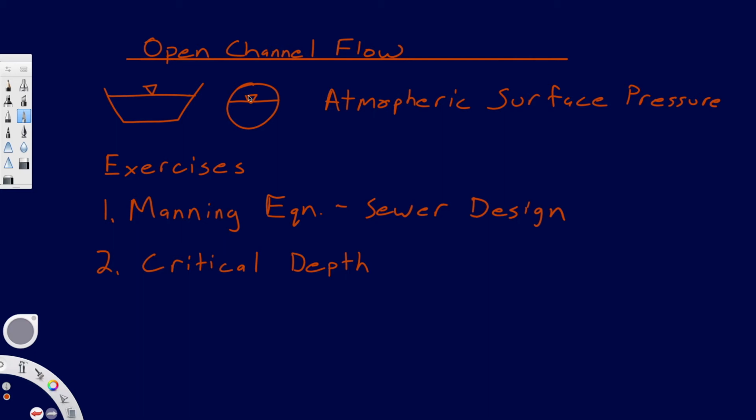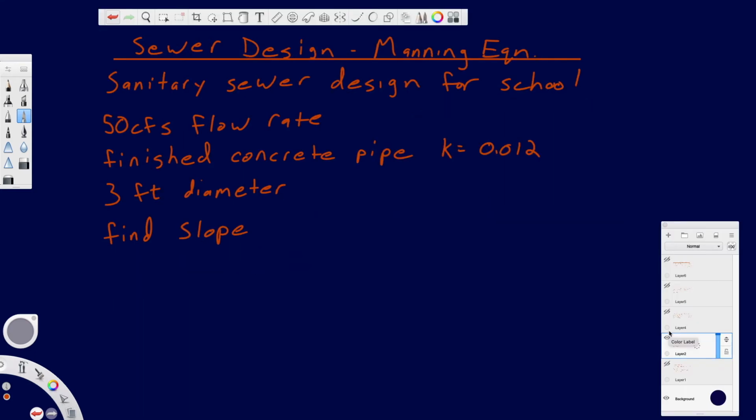Another quick example we're going to work through is finding critical depth for a stream, and a little bit about what that means. All right, let's take a look at our first example, where we are going to be examining a sewer design using the Manning equation. Sewer design for a school where we have certain criteria, one of which is that it needs to supply a 50 cubic feet per second flow rate.